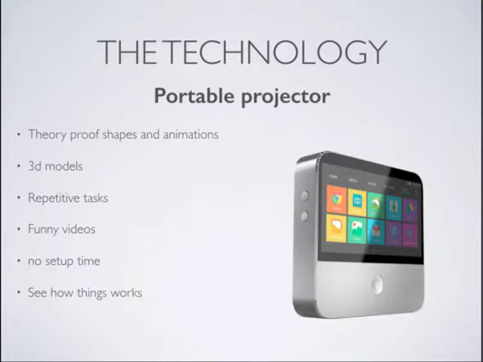I want to use a portable projector in my class for many reasons, of course. One of them is that I have already taught math and I've seen some students struggling to understand some theory proofs of shapes, like the area of a parallelogram, maybe the proof when you have to cut a triangle at the end and paste it on the other end, and then you have a rectangle.